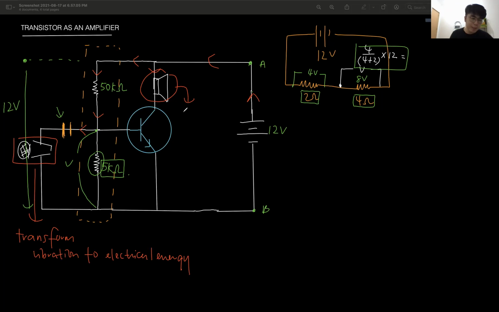No, the speaker only converts the electrical signal, or the voltage, to the sound vibration, back to the voice. That is the function of the speaker. It only converts the electricity back to sound. It does not amplify. Who is amplifying? The circuit. This circuit is the amplifier. That is the function of the microphone and the function of the speaker.